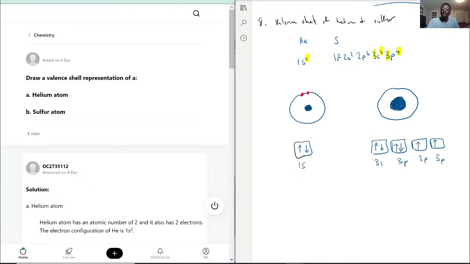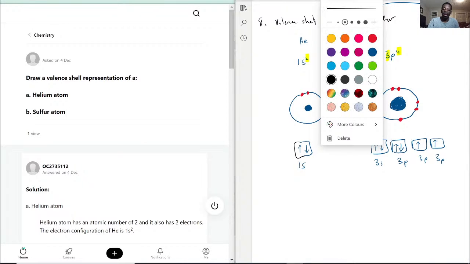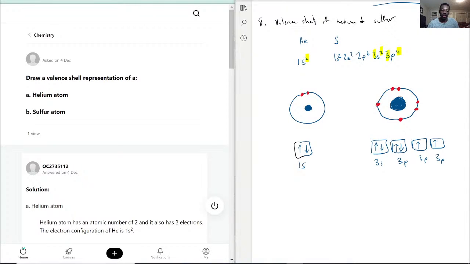Based on this, for representation we have that 3s2, then we have that one p orbital that has the two of them, then those two other p orbitals that are incomplete. So these are the valence shell representations of helium and sulfur.